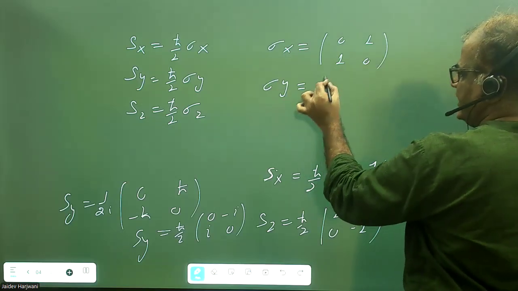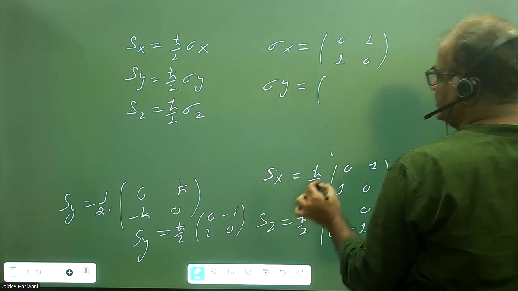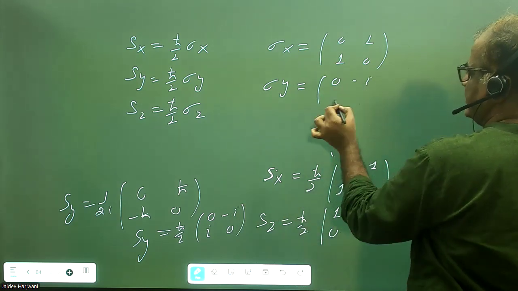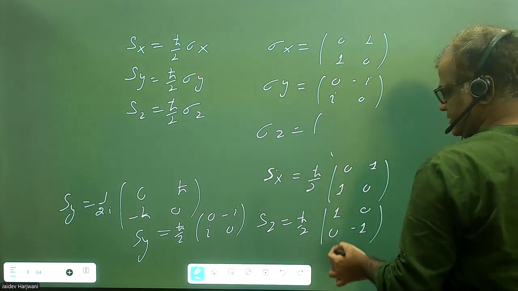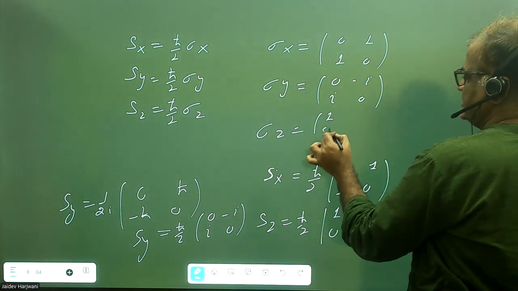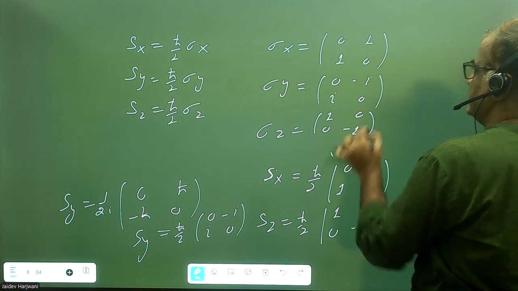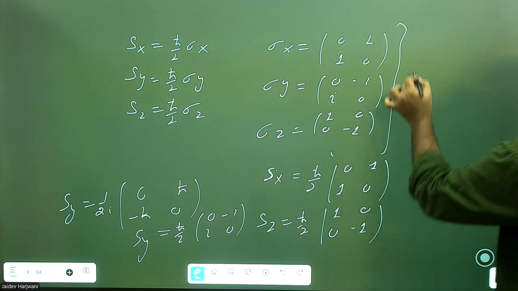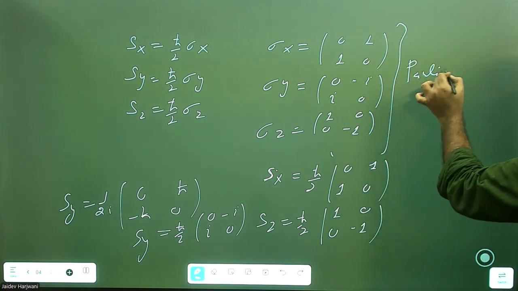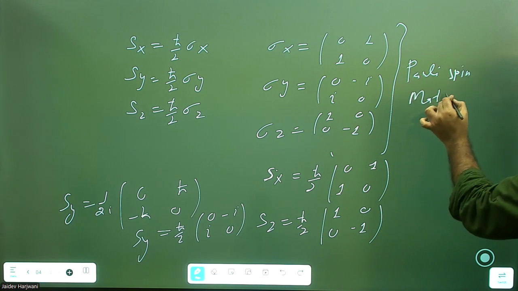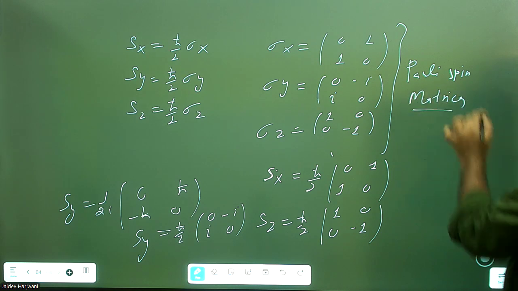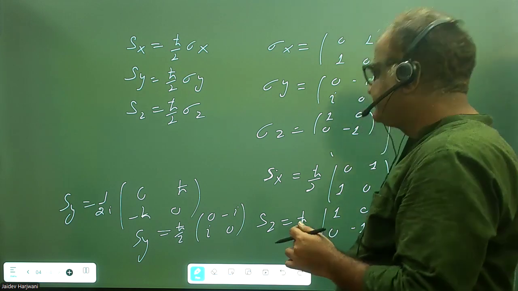Sigma y is 0 minus i, i 0. And sigma z is 1, 0, 0, minus 1. These are called Pauli spin matrices.